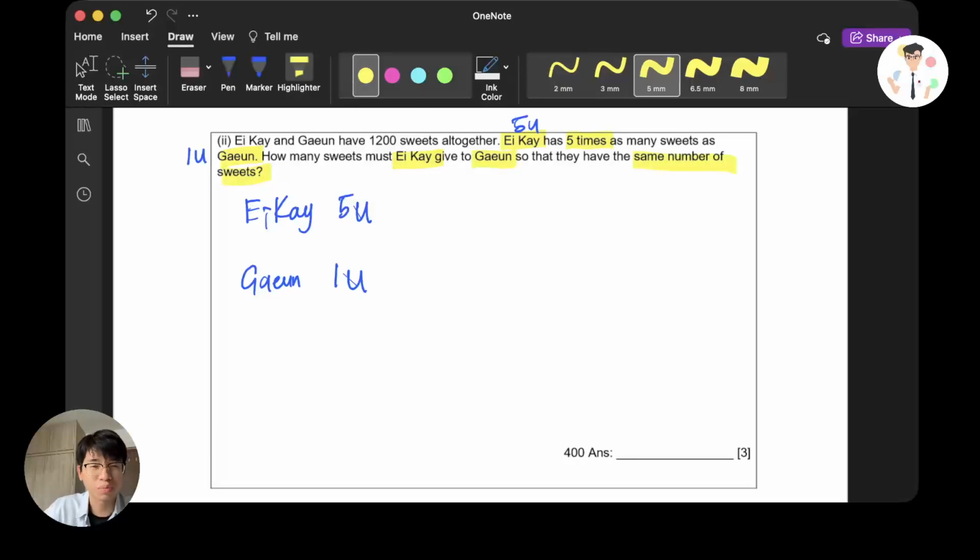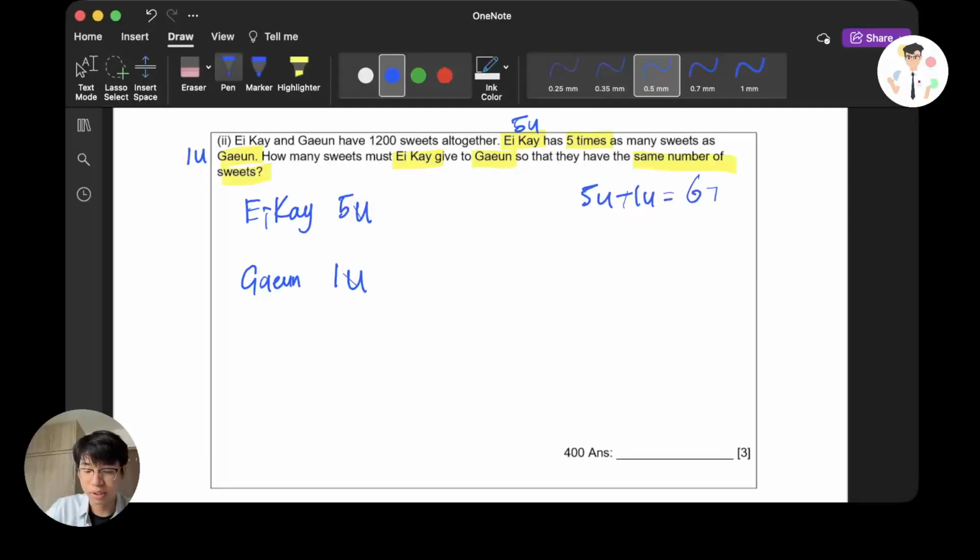Now, this question is, honestly speaking, a bit easier. I know I have 5 plus 1, 6 units. So in order for them to have the same number, each of them should have how many units? Each of them should have 3 units. Yes, you're right. 6 units divided by 2 is 3 units.